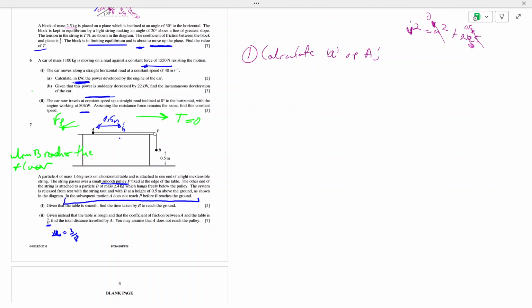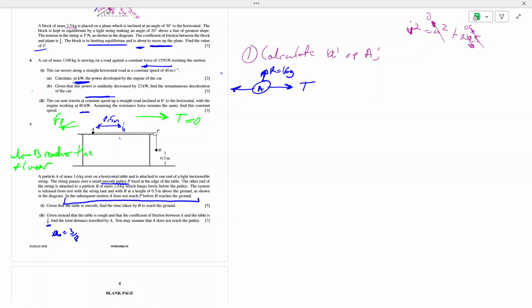To do so, remember, I'm going to use that system again. A is now like this. It has a tension, and then remember there is R, which is equal to 1.6 g. R is the reaction.